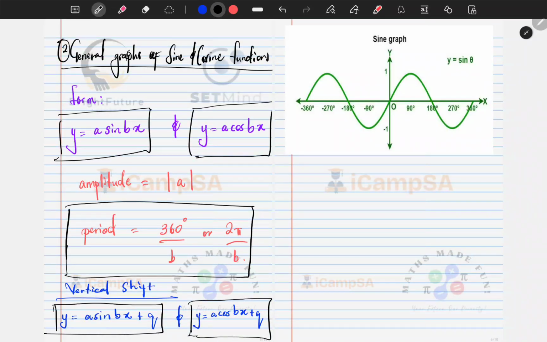Great. So now let's look at an example of a graph. This is what we call a sine graph. Right here we have y equals sine x.